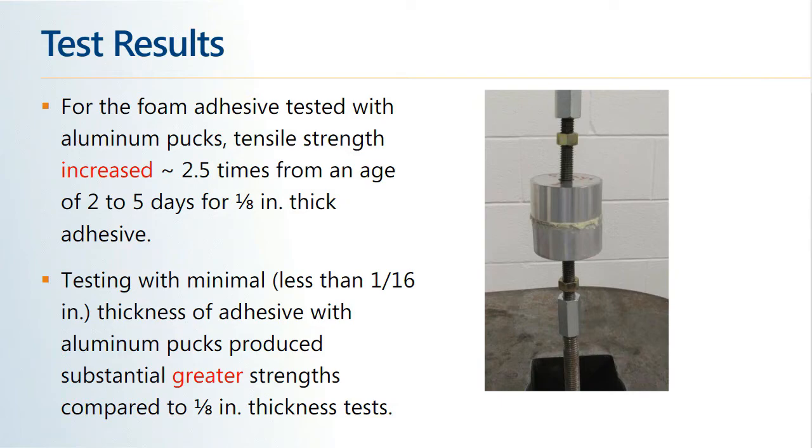Again, this underscores the importance of weighing down the boards during installation to allow for lateral spread of the adhesive to get as wide of a contact area as possible so that you can get the optimal strength.